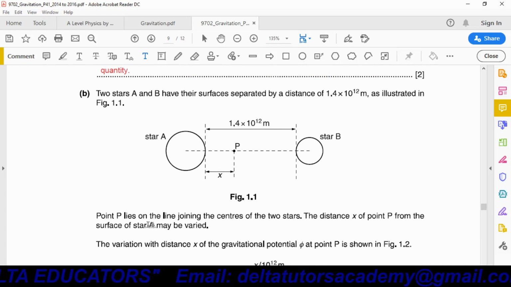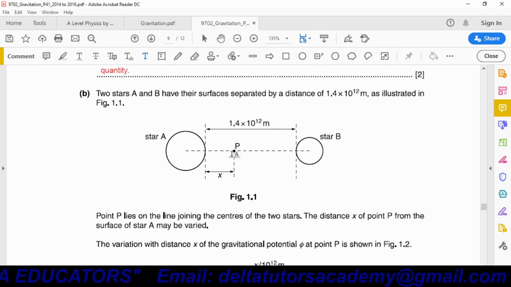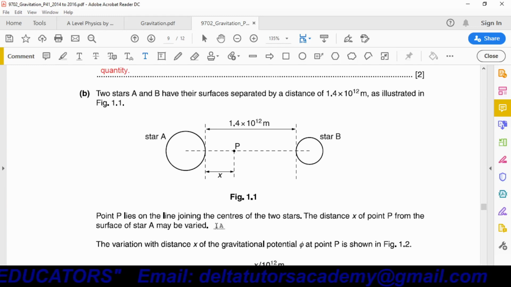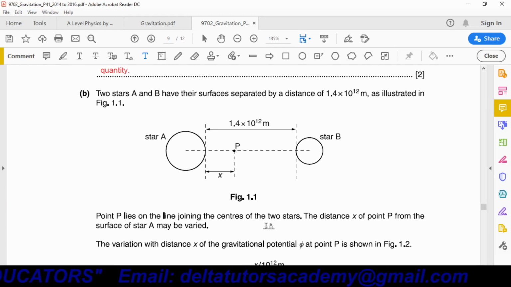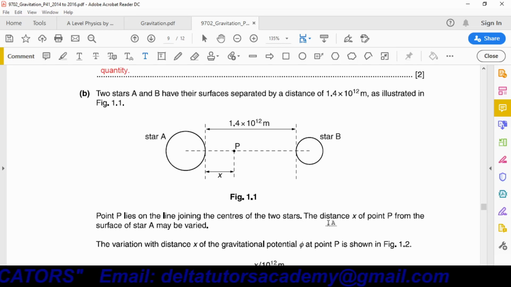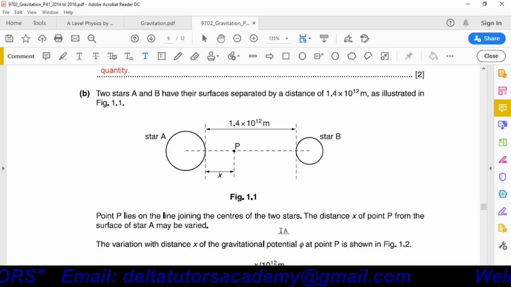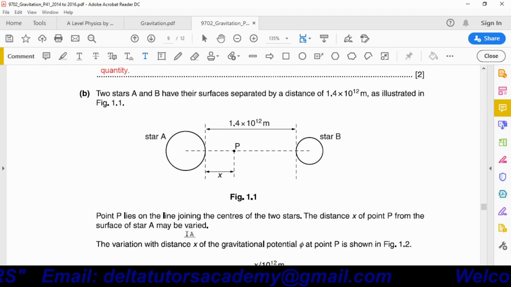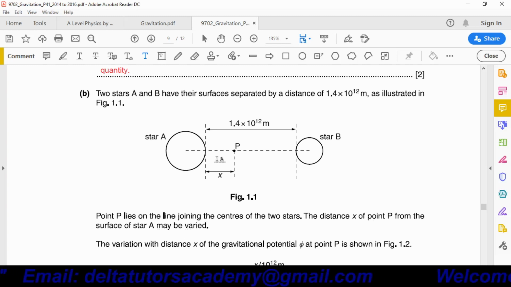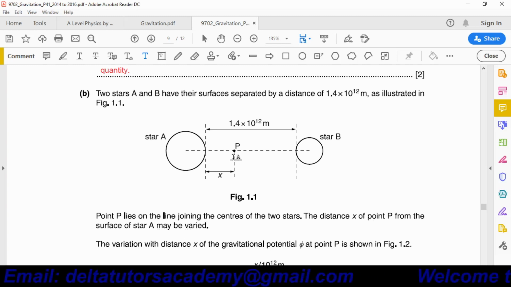Okay, point P lies on the line joining the centers of the two stars. The distance x of the point P from the surface of the star may be varied. This x may be varied, this point can be moved.